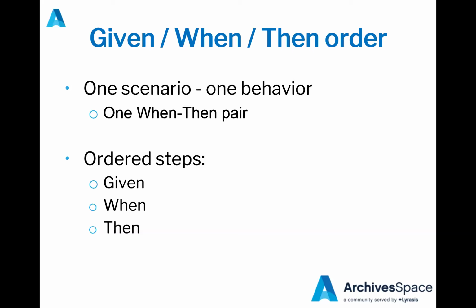This is because any single when-then pair denotes an individual behavior, and each scenario covers one specific behavior. If more than one when-then pair seems necessary, then this probably means that separate scenarios should be written instead. So each scenario should describe a single behavior.